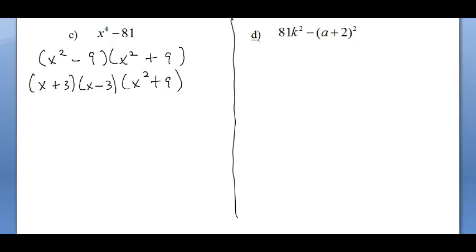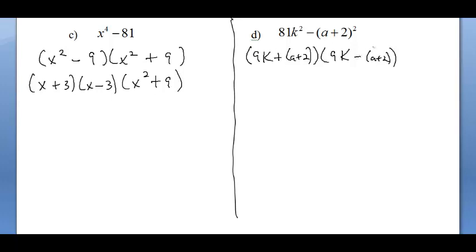So now when we factor it, we follow our pattern. So 9k times 9k. Now I'm going to use parentheses, a plus 2 and a plus 2. And one's a plus and one's a minus.